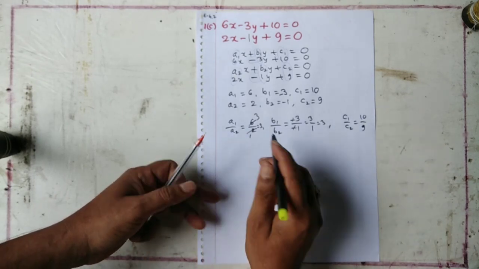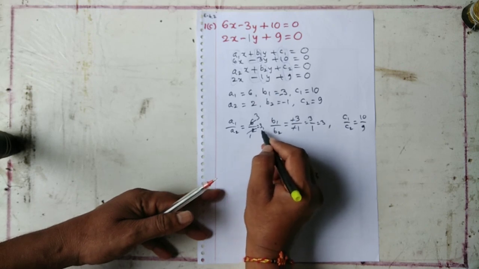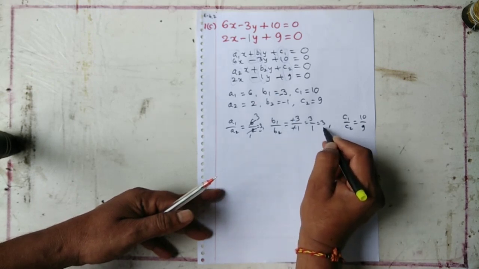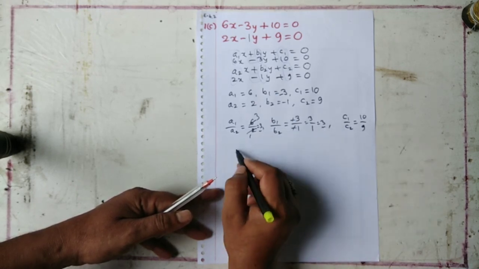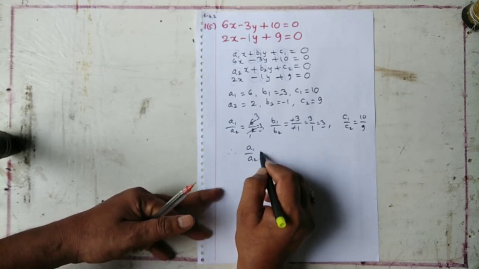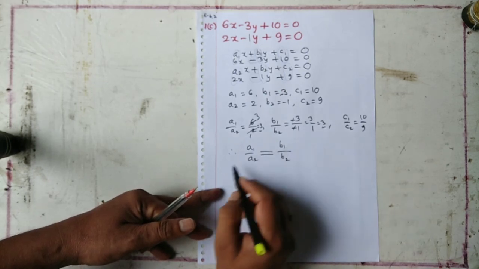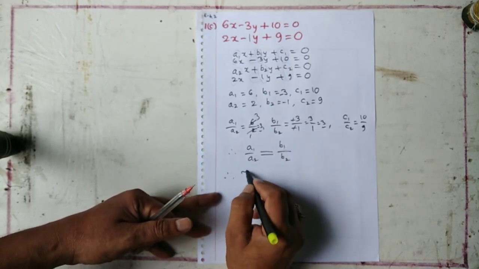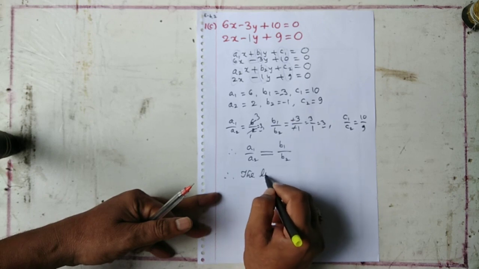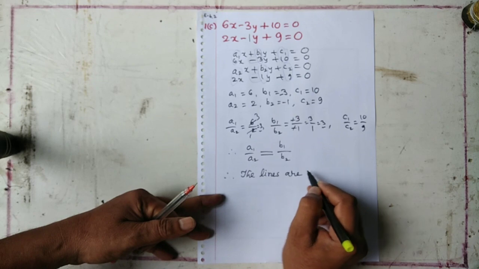By observing these values, a1 by a2 is 3 and b1 by b2 is 3. So therefore a1 by a2 is equal to b1 by b2. Therefore the lines are parallel.